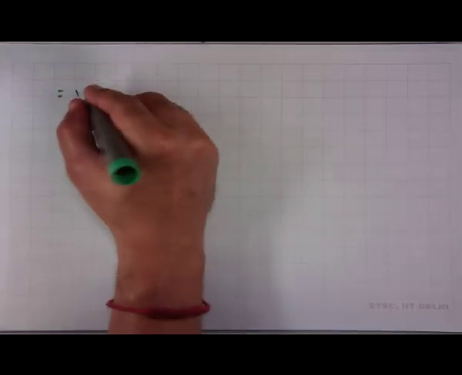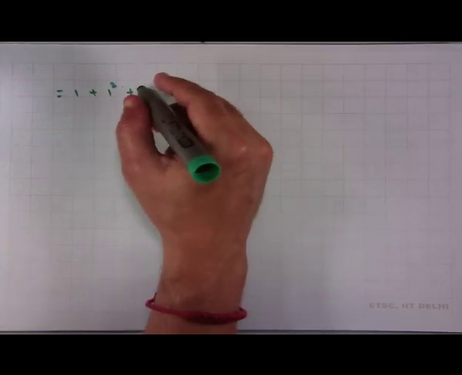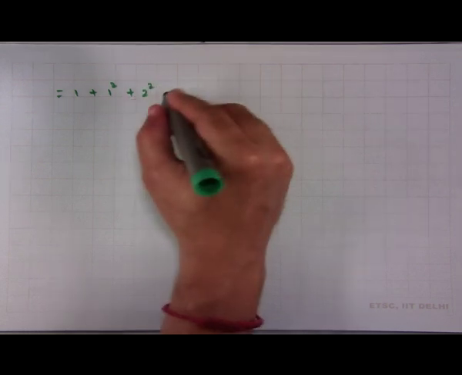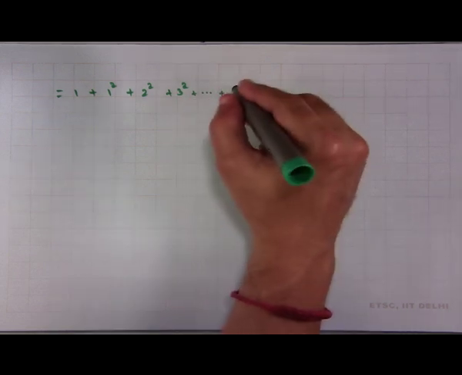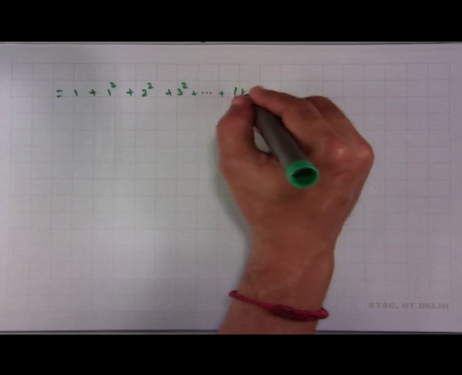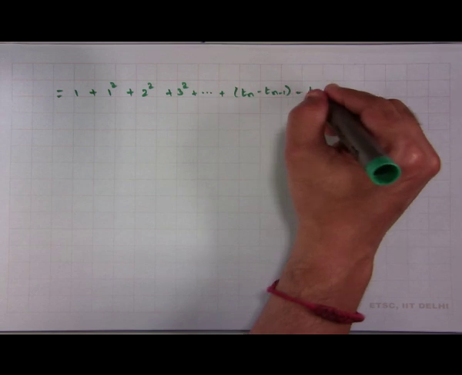Therefore, this is equal to 1 plus 1 square plus 2 square plus 3 square up to Tn minus 1 minus Tn.